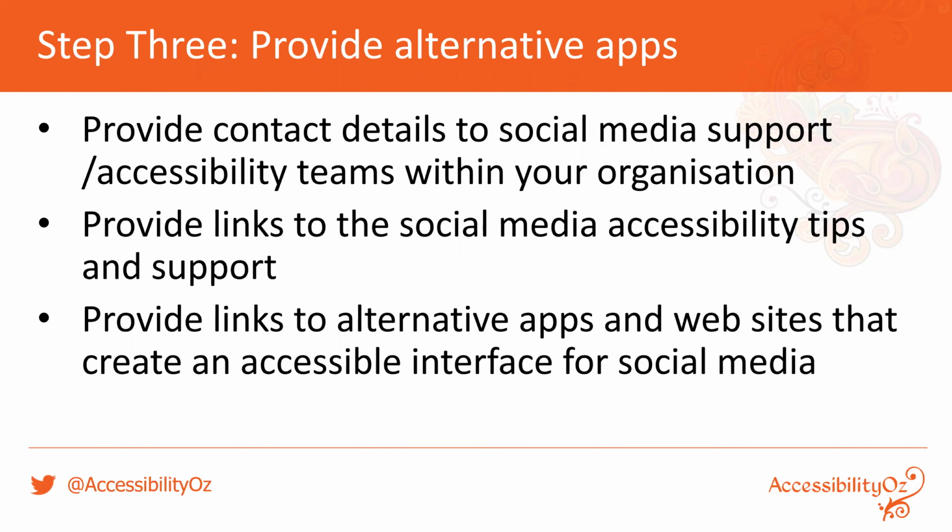Also on that page, provide links to the social media accessibility tips and support pages, because a lot of the social media networks do have tips and support pages. However, they're often very difficult to find, and they're often not something that users will necessarily know to go looking for. So having them on a page on your site is really important.